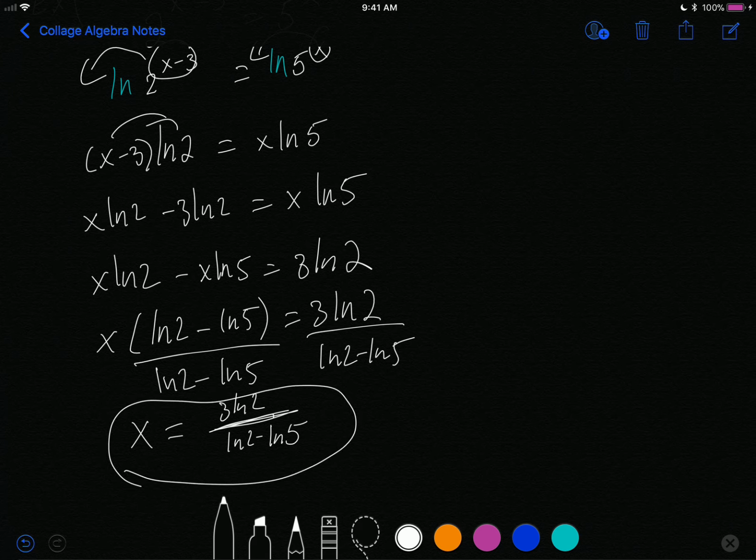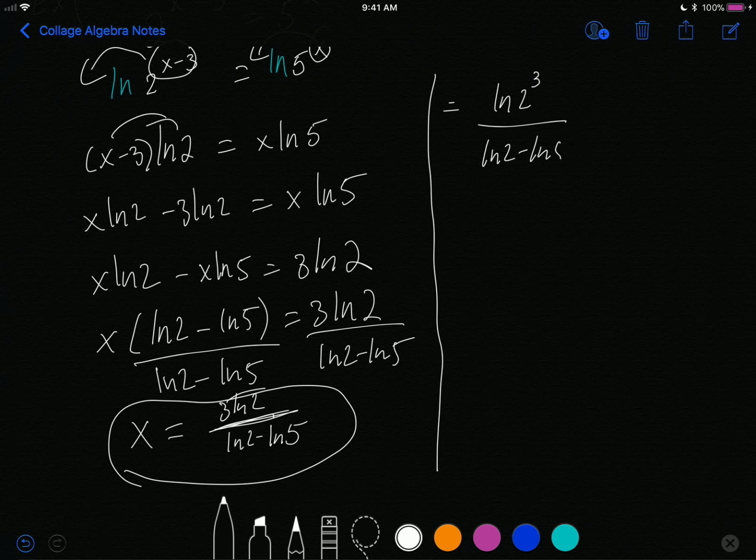But if you're doing a multiple choice exam, this final answer can be expressed in at least 5 different ways. So unfortunately, I have to show you all 5 ways of expressing the answer. So watch carefully. Equals, I'm going to bring the 3 up, and so that's going to be ln 2 raised to the 3rd power over ln 2 minus ln 5.